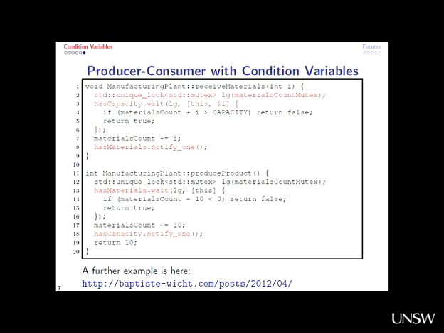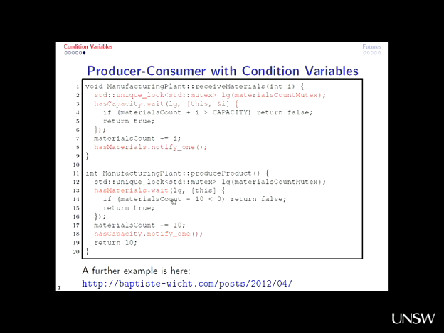The same applies for the produceProduct function. It's just the opposite way around in terms of those condition variables. Same as before, we have this unique lock; last time it was lock guard, same difference. We then call hasMaterials.wait, and again we pass in that lock. If the materials count minus the amount it costs us to produce the object is less than what we've got in our manufacturing plant, return false, else return true.